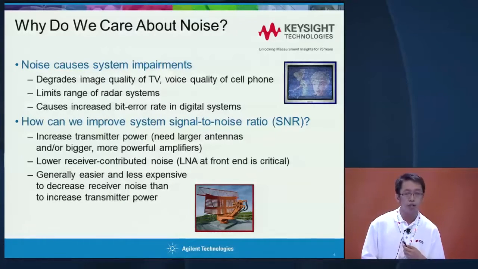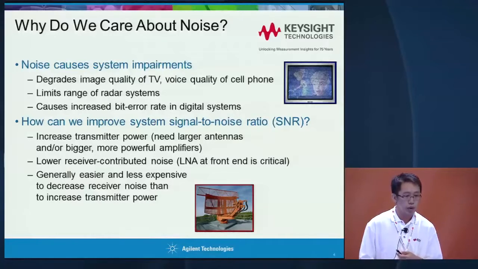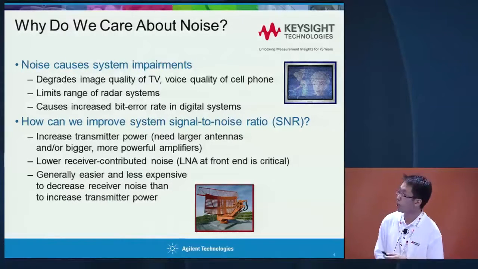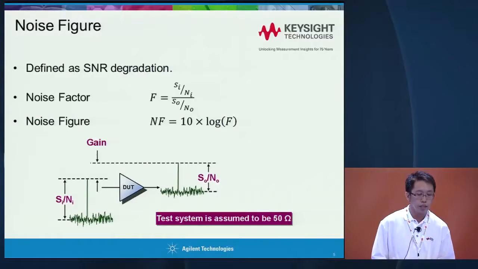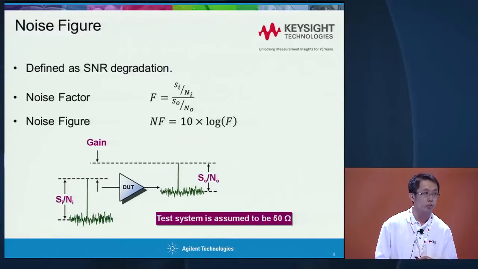Why? Because there are a lot of limitations on this. We have to take care of regulations and cost. A more practical solution is to lower the receiver-contributed noise by using an LNA.